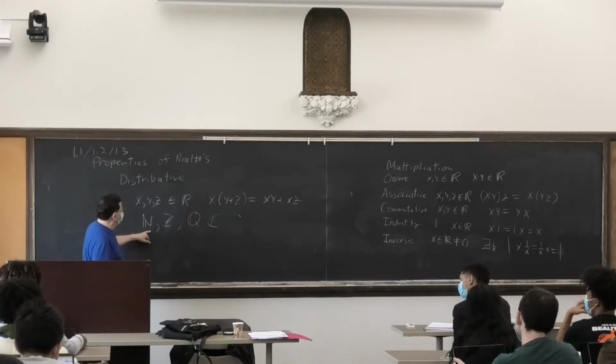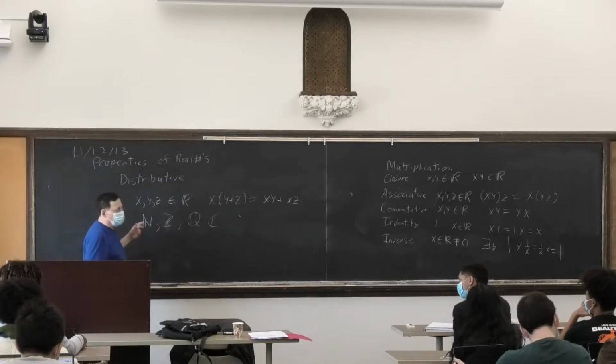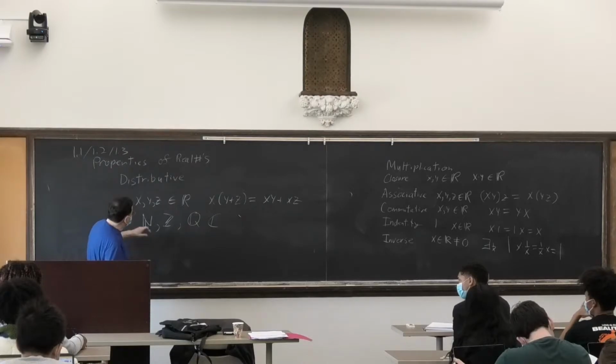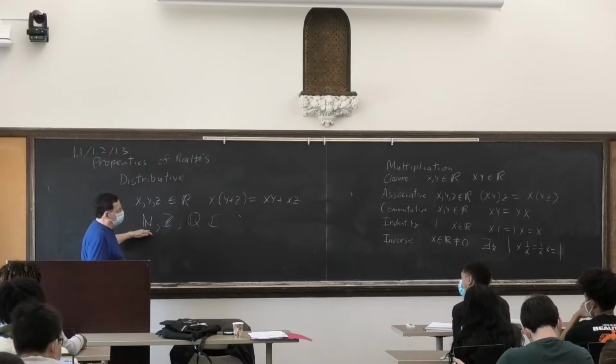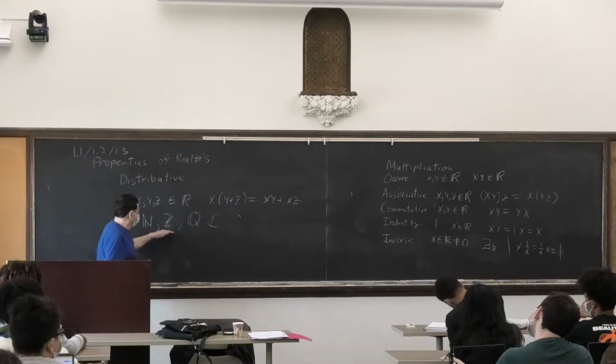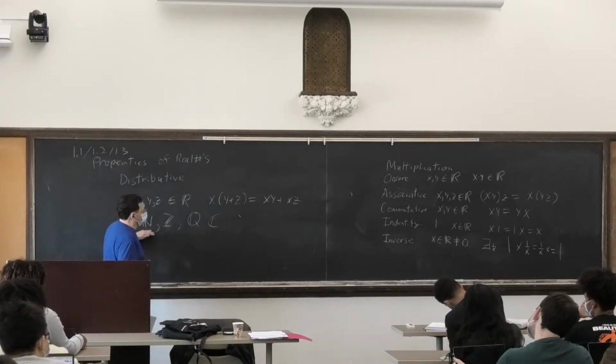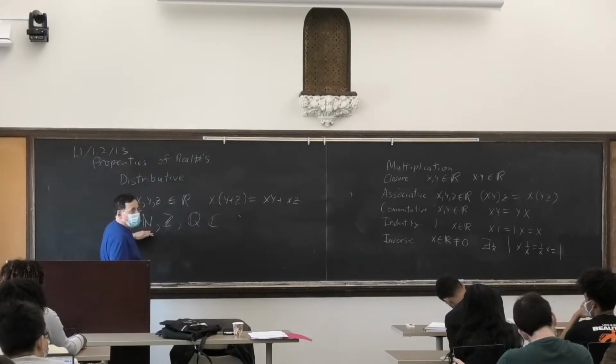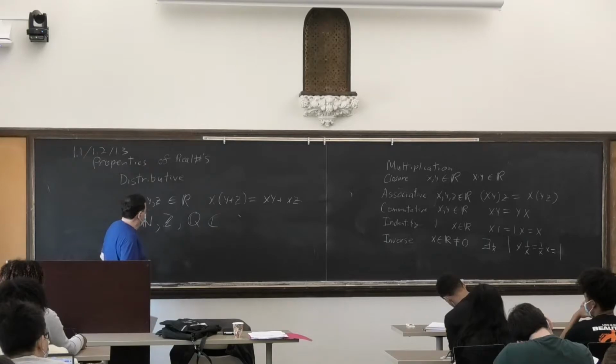No, it is closed. I'm sorry. Natural numbers are closed. We add two natural numbers, you get one. It's associative, it's commutative. There's no identity and there's no inverse for addition. And there's no inverse for multiplication either. So, those are interesting questions you can ask about these.